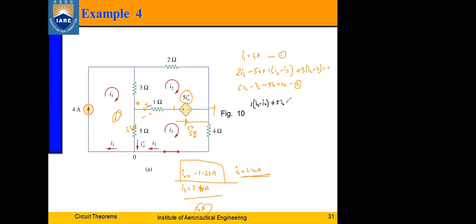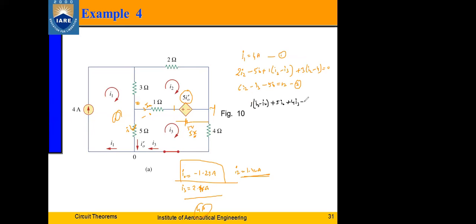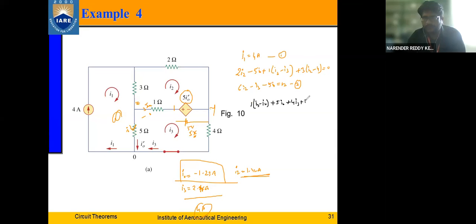We are going in reverse, right? So plus 4I3. Next one, 5 of I3 minus I1, or I3 minus 4, I directly write, is equal to 0.